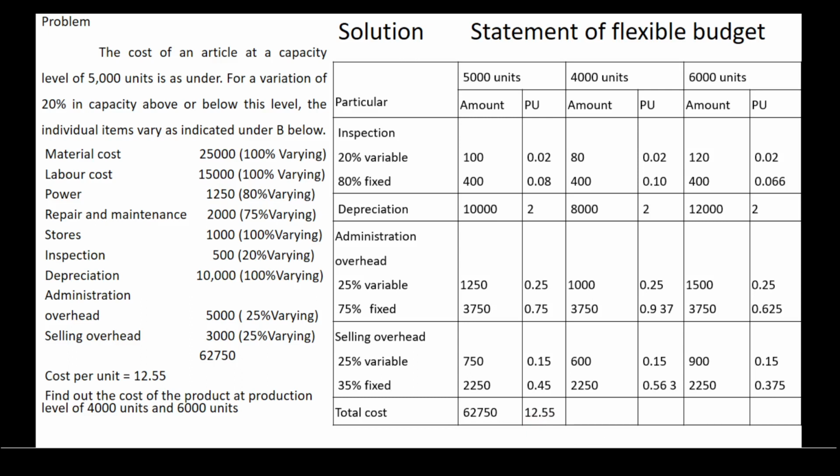And the next, under the 4,000 units, the total amount is 51,630 rupees. The cost per unit is 12.907. Under the 6,000 units, the total amount is 73,870 rupees. And the cost per unit is rupees 12.31. So this is the preparation of the statement of flexible budget.